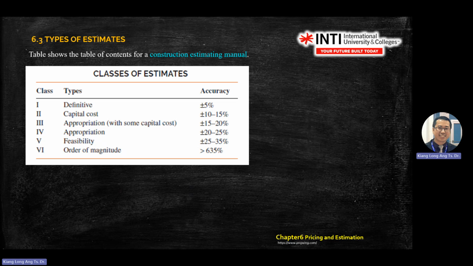That is an example of definitive. It's a very quick transaction, but very accurate. Of course, when you have a Class 1 estimate, most of the time the tools are premium level, meaning you need to pay some money for it.